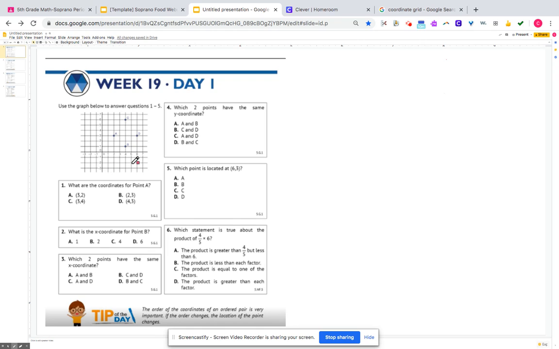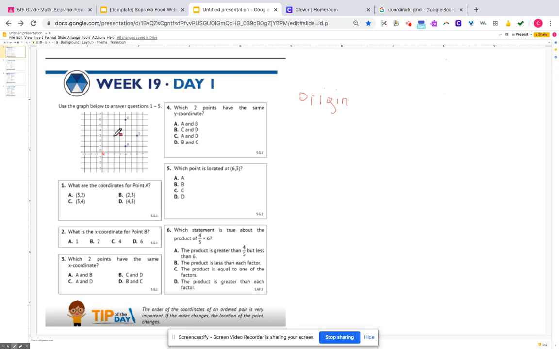Number 1 says, what are the coordinates for point A? Well, in order to find that, or any coordinate, we're always going to start with the origin. The origin has a coordinate pair of 0, 0. And last week, we learned that the origin is right there. So there's the origin. And what you're going to do is go right first to find the x coordinate.